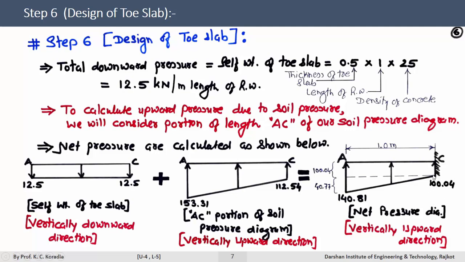Here, since the toe slab is continuous at point C, we will consider point C as our fixed support. Here also our net pressure diagram can be divided into two shapes. One is of rectangle shape having a pressure intensity of 100.04 kN per meter square, and one is a triangle portion having a base intensity of 40.77 kN per meter square.